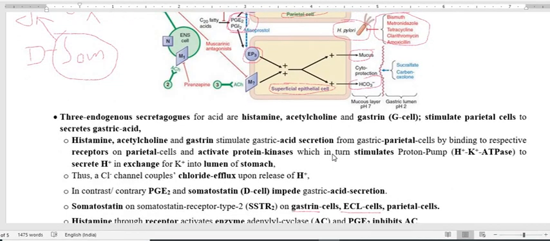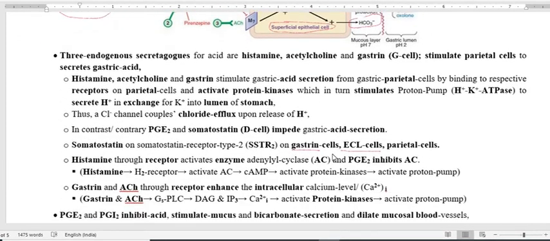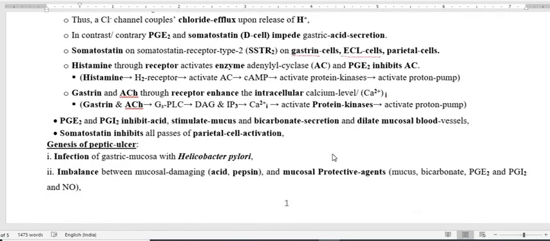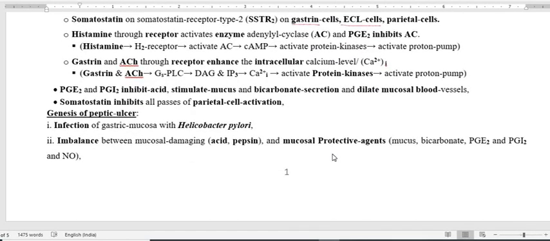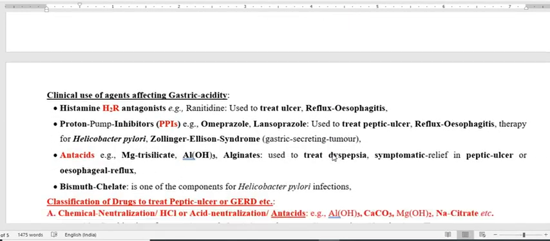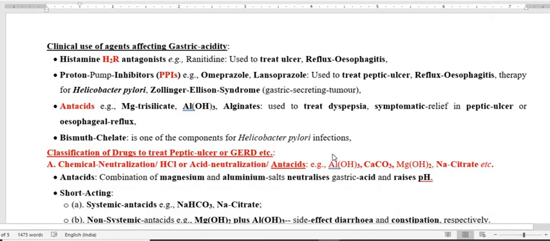Now we have to go through the classification of the drugs that are to be used for the therapy of peptic ulcer, GERD, or gastric acidity.